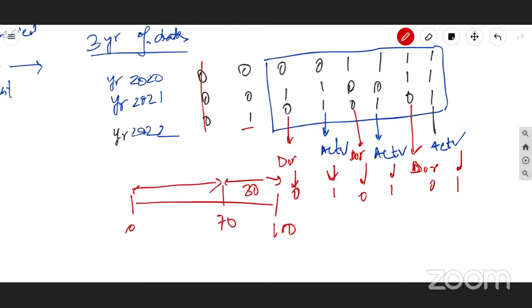It can be active as well. 1 0 0 is dormant, that is fine. If the customer has not visited in the last 2 years, it is more likely that this year also they will not visit.